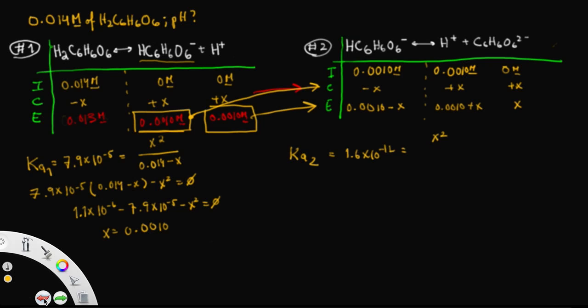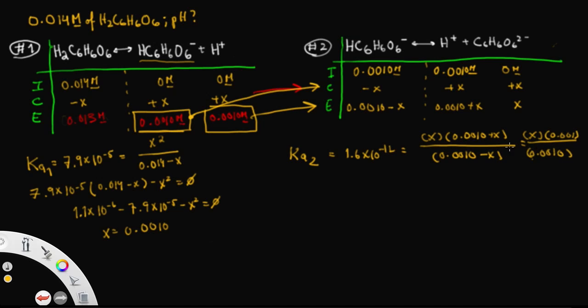which is x squared, or actually, excuse me, it's not x squared. It is x times 0.0010 plus x over 0.0010 minus x. Now, as I said, I did this problem before, and I did the assumption again, and if I did the assumption, I could simplify it into x times 0.001 over 0.0010.